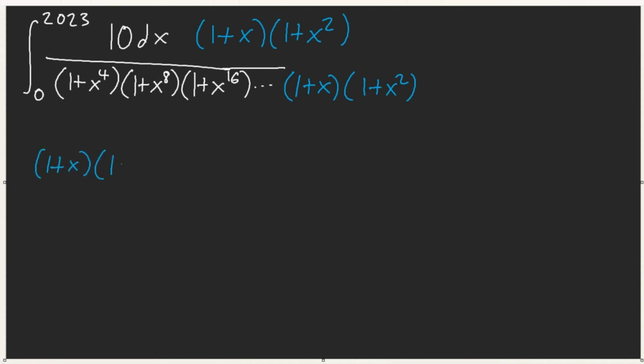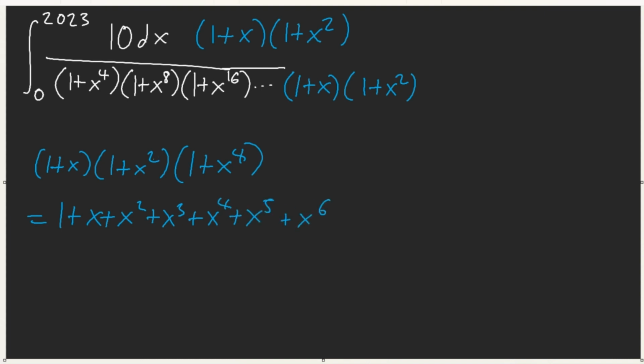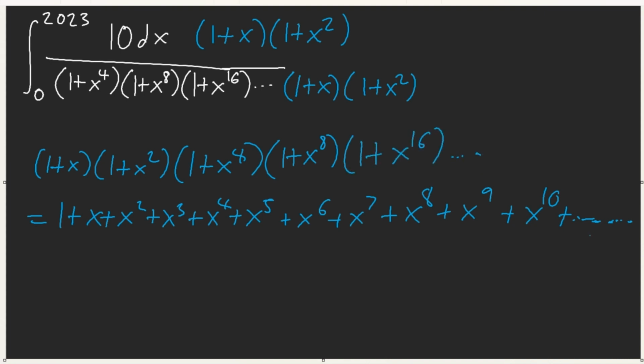However, if we do 1 plus x squared, what does this equal? This is equal to 1 plus x squared plus x cubed. And if you multiply by 1 plus x to the power of 4, it continues on: x to the 4th, x to the 5th, x to the 6th, x to the 7th, and whatever continues infinitely.